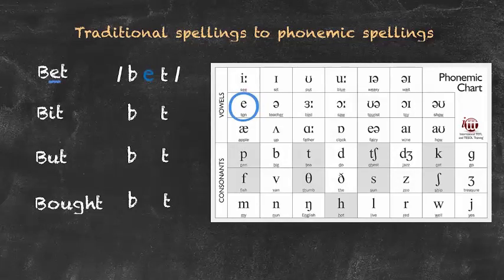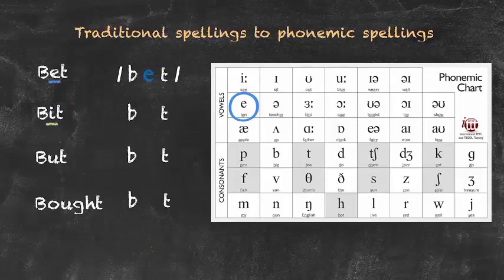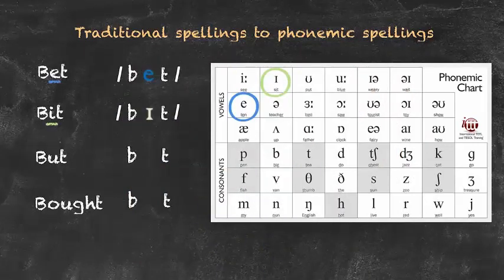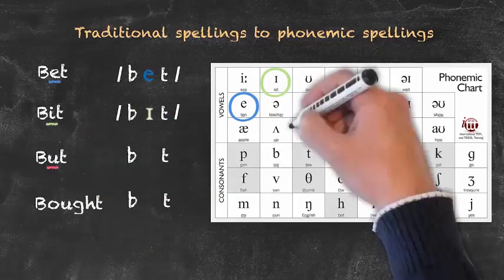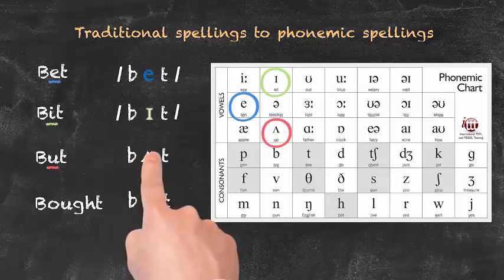Now let's take a look at bit. Now we look at our chart and we see that this symbol represents the I sound, and that resembles a capital I, not a lowercase I, but a capital I, and so we've arrived at bit. Now with but, we have to find the sound, and that corresponds to this symbol here, as in cut, but we simply put it into but, and now we've got but.